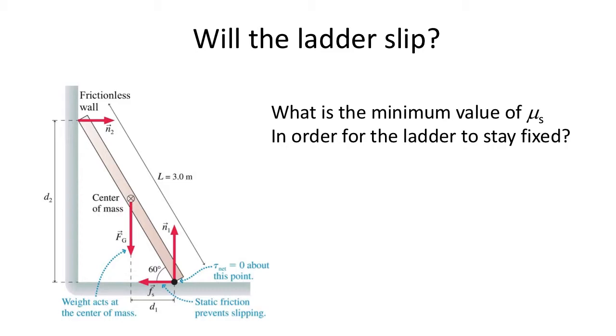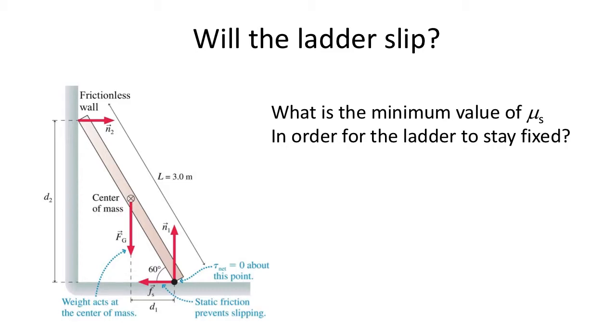And I need to find the static coefficient of friction. How do we write down the static friction force? What is it equal to? It has the normal force times this coefficient of friction, mu sub s. So that's the last piece to the problem.